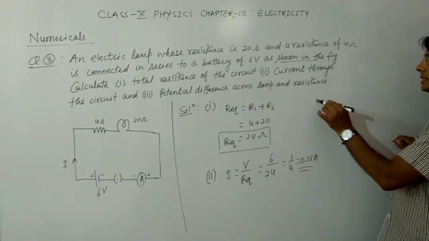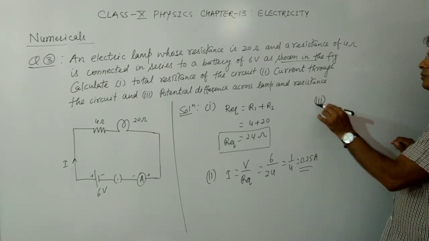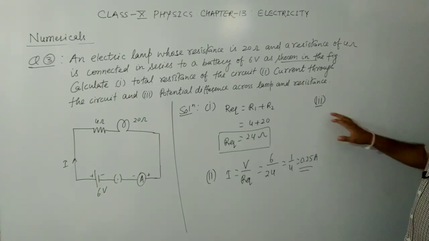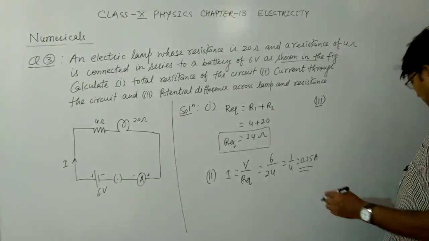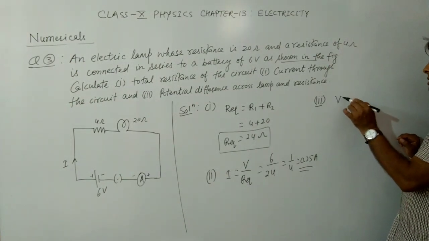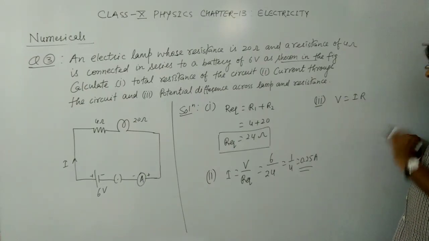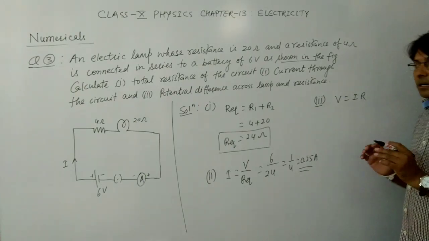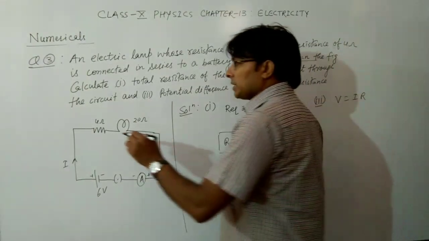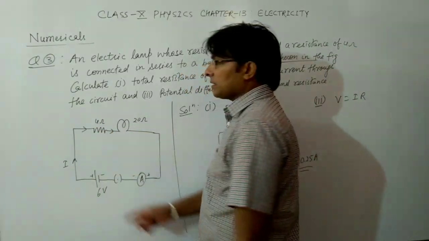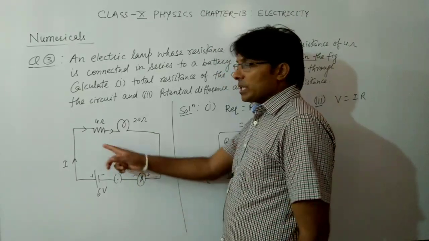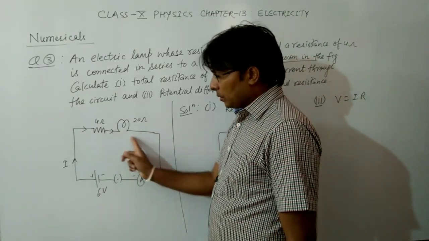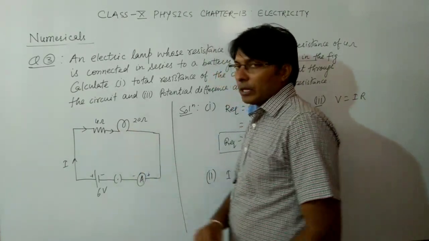And the third part is we have to find out the potential difference across the lamp and the resistance. You know that potential difference V is equal to I into R. And in series, the current flowing through the circuit always remains the same, that is the current through the 4 ohm as well as the 20 ohm will be the same, but voltage will differ depending on the value of resistance.